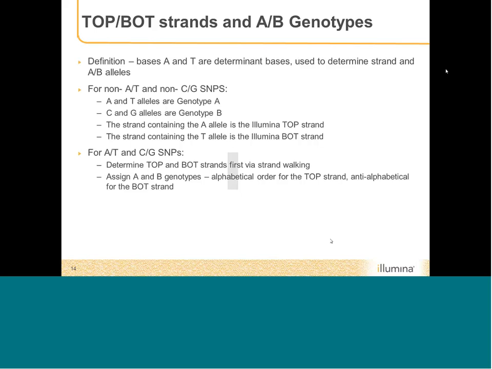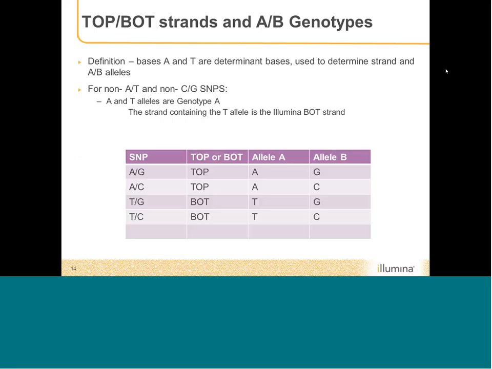For AT and CG SNPs, because you cannot use A and T genotypes or C and G genotypes to determine either top or bot strands, or A and B genotypes, we need to use the surrounding sequence to determine the strand first, and then assign which alleles, A and T or T and A, are genotypes A and B, respectively. So we use what we call a strand walking procedure to determine the strand and then assign the genotype. So we'll go through a few examples of that.